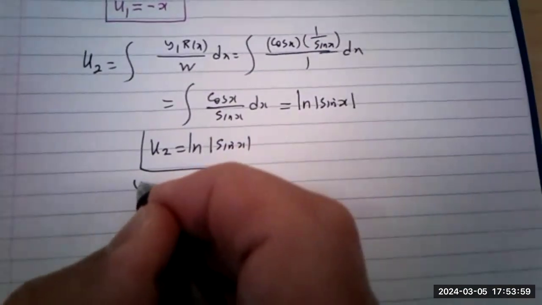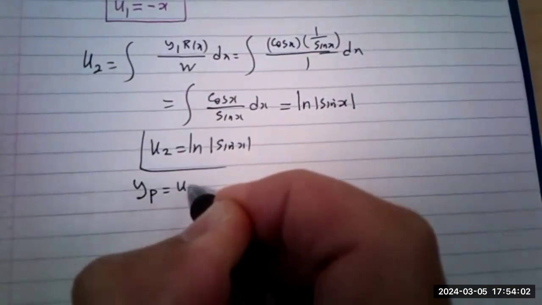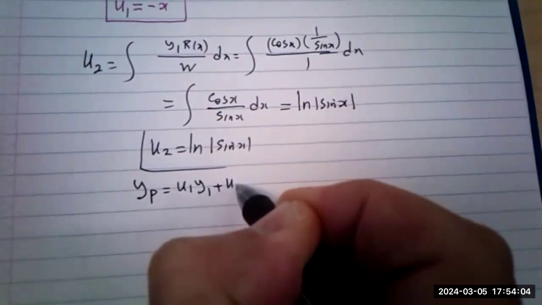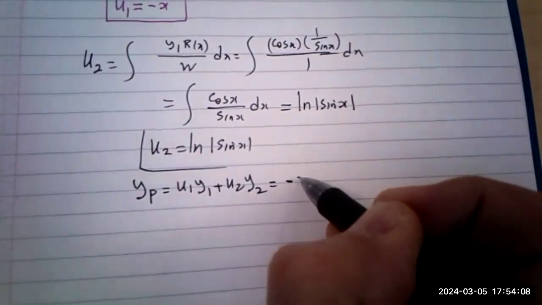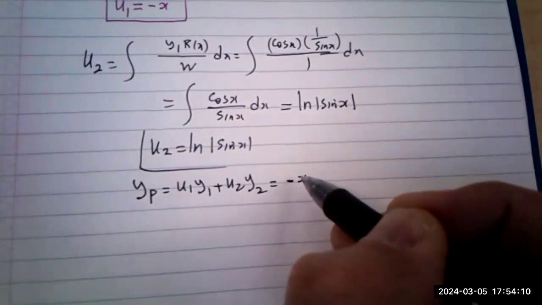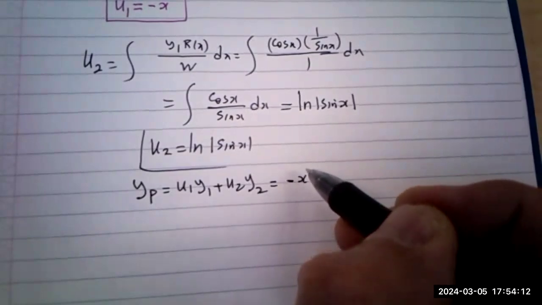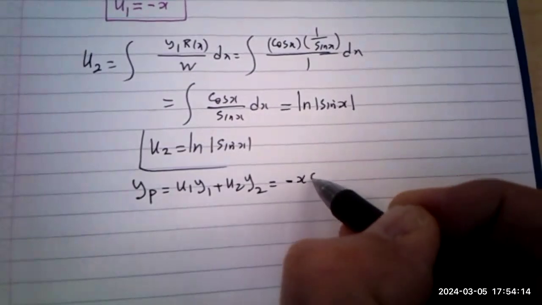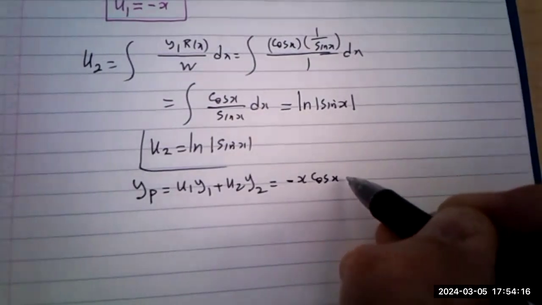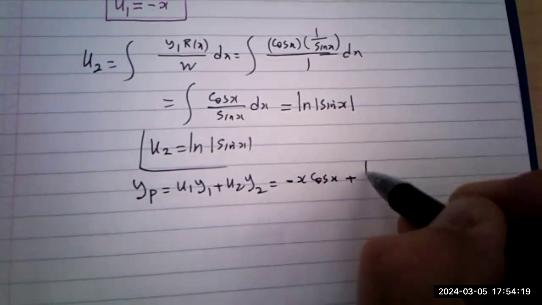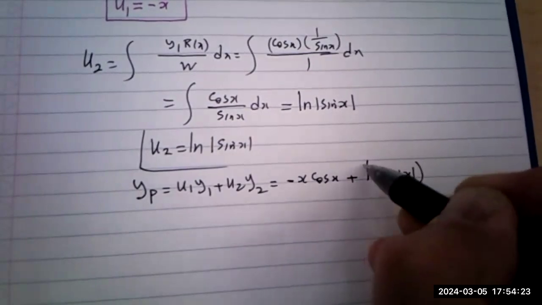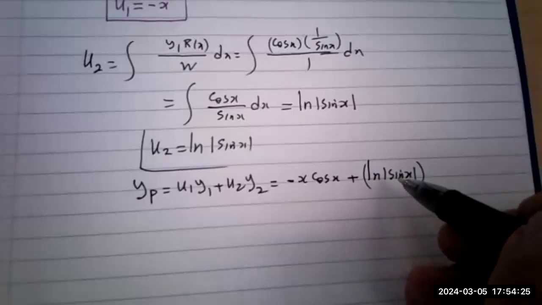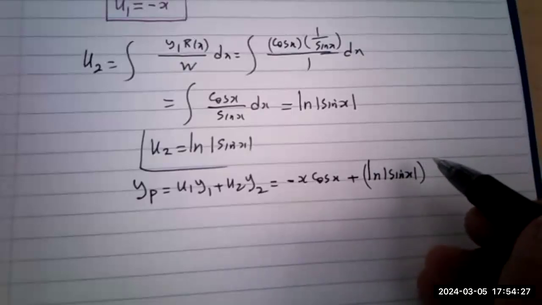So we are ready to give you the YP. What's YP? YP is U1 Y1 plus U2 Y2. Substitute. U1 is negative X, Y1 is, okay, what is the Y1? Cosine. And plus U2. U2 is ln of the absolute value of sine times the Y2, which is sine x.